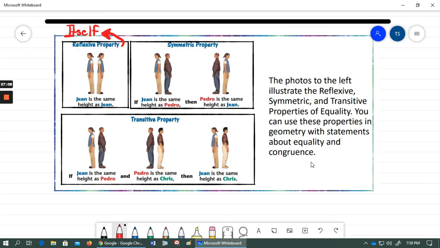All three of these properties, the reflexive property, symmetric property, and transitive property, can be used in statements about equality, or in statements about congruence. If you have a value being compared to itself, you can write that value is equal to itself, and if you have some geometric figure being compared to itself, you can write that geometric figure is congruent to itself.